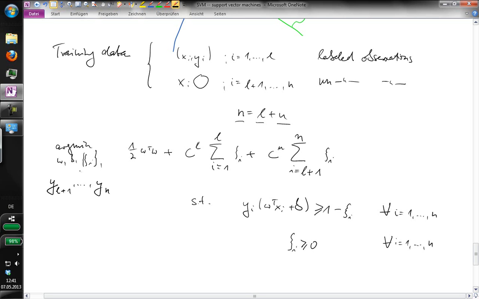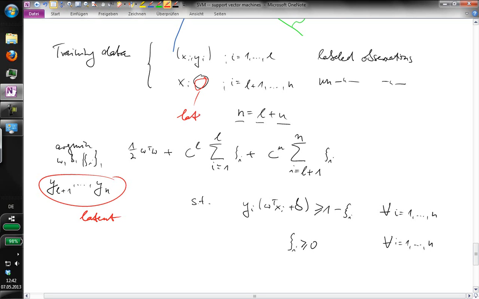So I have a continuous optimization here for these first parameters, and because the labels must either be +1 or -1, I have a combinatorial optimization problem over these unknown, latent class labels. So this is what I also sketched here.